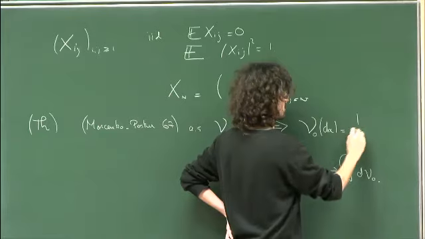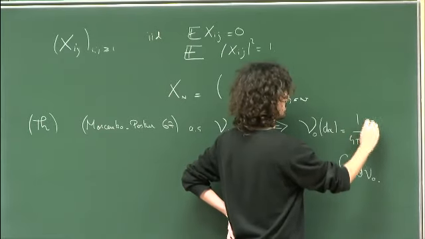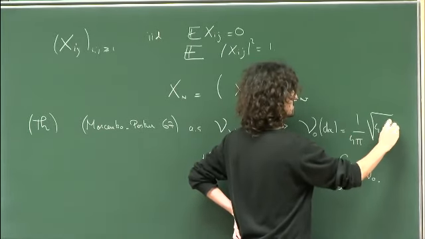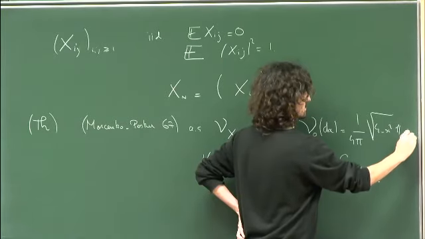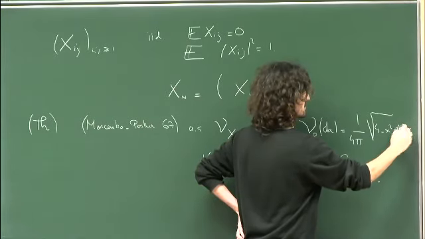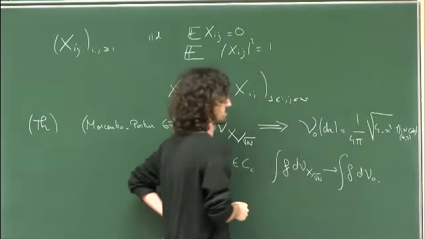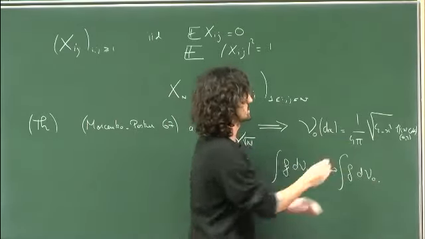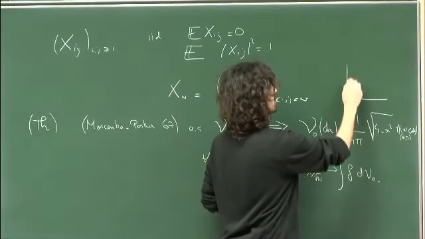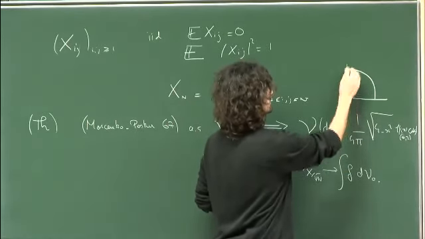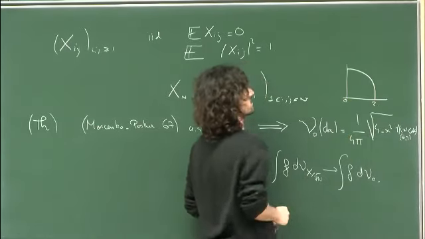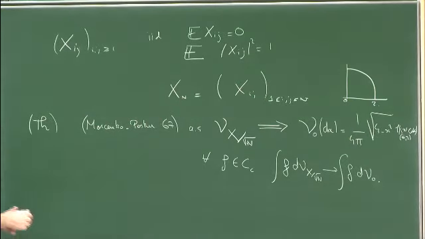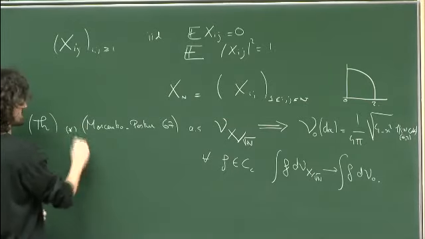It's 1 over square root of pi of... So what is this? It's called the quarter circle law, because this is just a quarter circle. The density of this measure is just a quarter circle of radius 2. Okay, so this was in 1967.